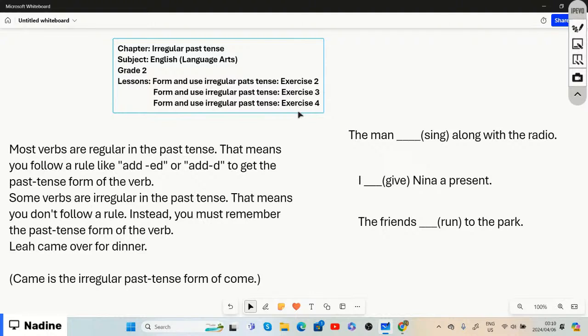Now if we look at this activity that we have, we are going to use the word in brackets and change it to the irregular past tense.